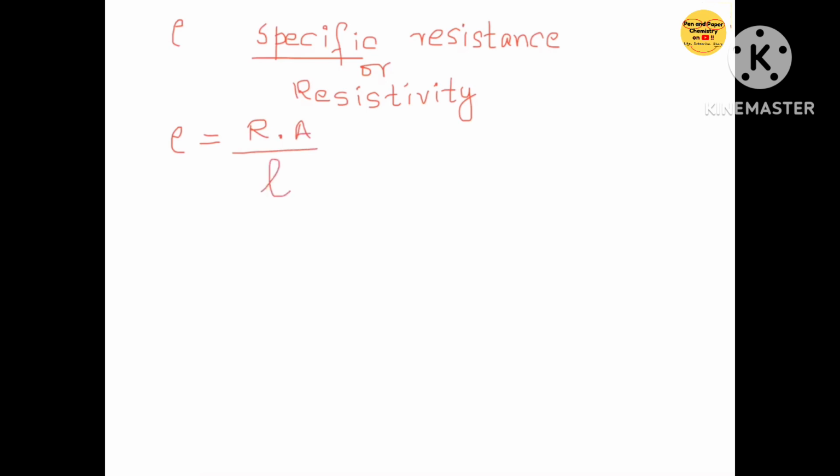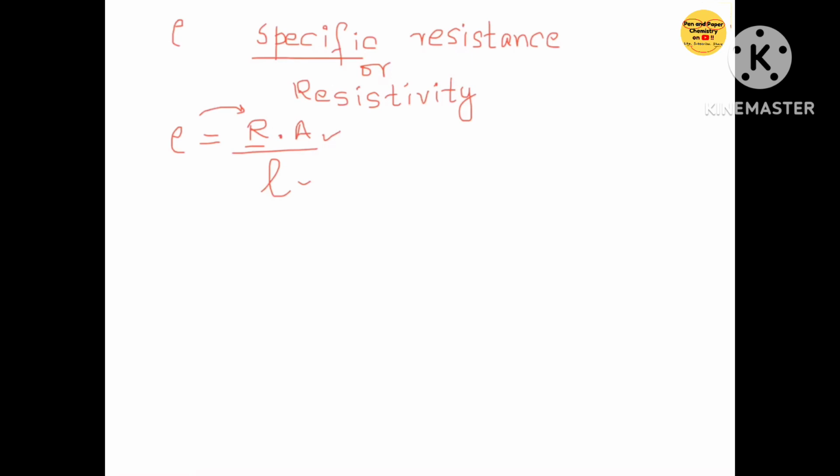You know that when we have to define a term, we express it in terms of one of the variables assuming the others to be unit, that is 1. I cannot assume the resistance as 1 because it cannot be fixed as such, correct? Whereas the area of the conductor and the length of the conductor, I can still design a conductor with an area of 1 unit and length as 1 unit.